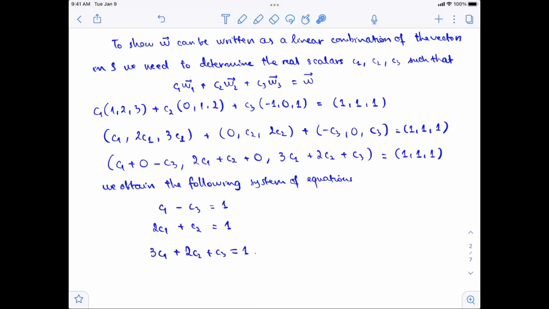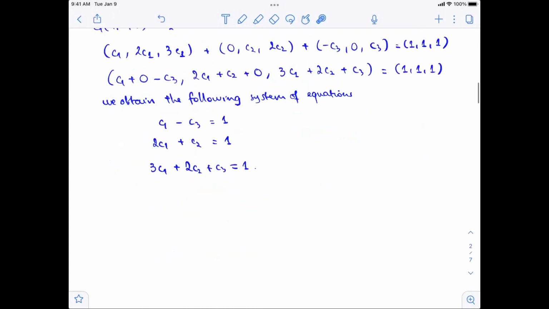There are many ways, but what I'm going to do is use Python to aid with the calculations. To use Python, I need to turn this system into an augmented matrix, use Python to reduce that to a reduced row echelon form, and see if I can get the solutions to the system.